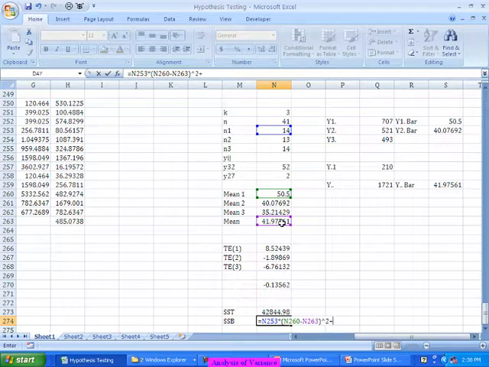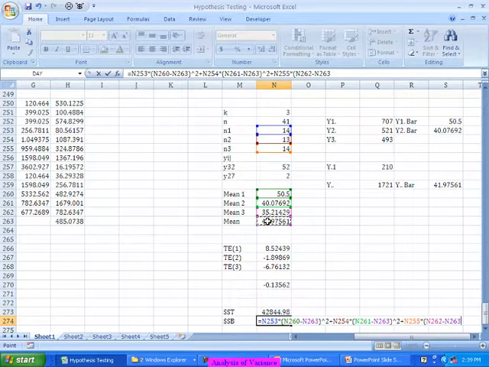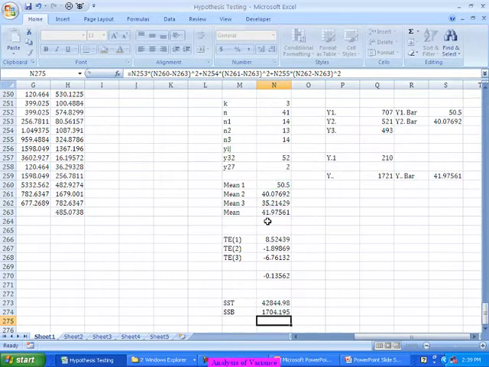In the same way, n2 multiplied by the mean of the second minus the overall mean, whole squared, plus n3 times the mean of the third minus the overall mean, whole squared. This is what gives rise to the SSB, the sum of squares between the treatments.